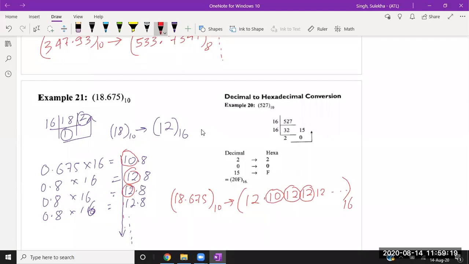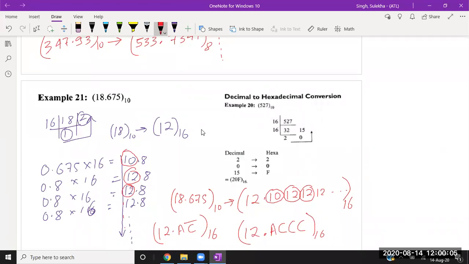The value of 10 in hexadecimal representation is not 10, it is basically A. And this 12 number is not there in the hexadecimal list. The 12 is represented by C. Okay, is that clear? And these 12s are different digits. So either you can write 3 times C, 4 times C, or you can write 12.A C bar base 16, meaning this C is repeating itself. Okay, is that clear now?